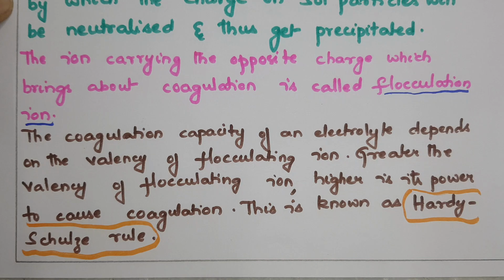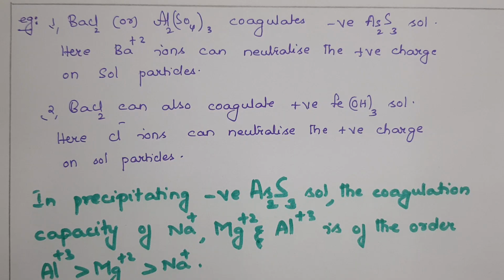Next, let us see some examples for this coagulation. Example number 1, students. BaCl2 or Al2(SO4)3 coagulates negative As2S3 sol.